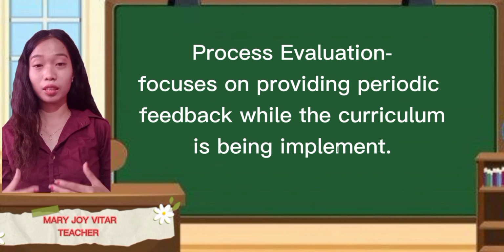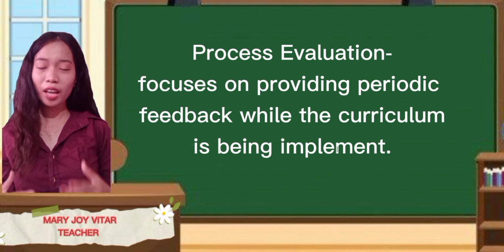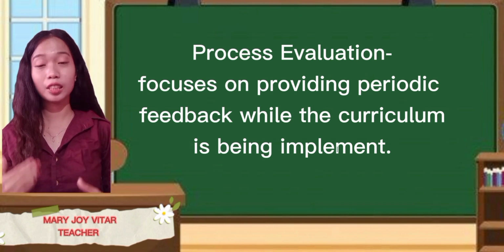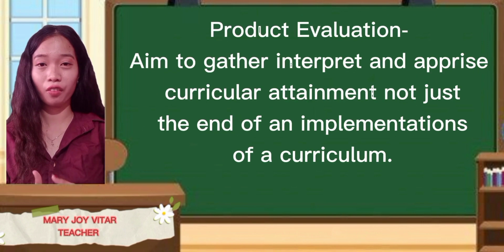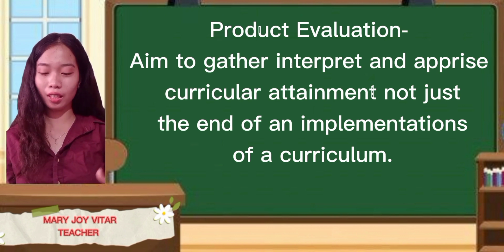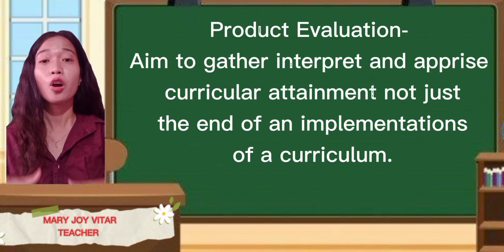This phase aims to detect problems in the implementation, provide information for program decisions, and maintain a record of the procedures as they occur. Lastly is the product evaluation, which aims to gather, interpret, and appraise curricular attainment, not just at the end of the implementation of the curriculum.